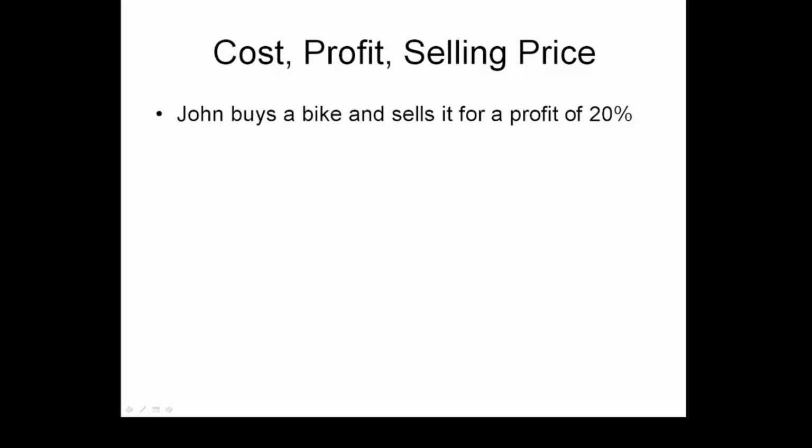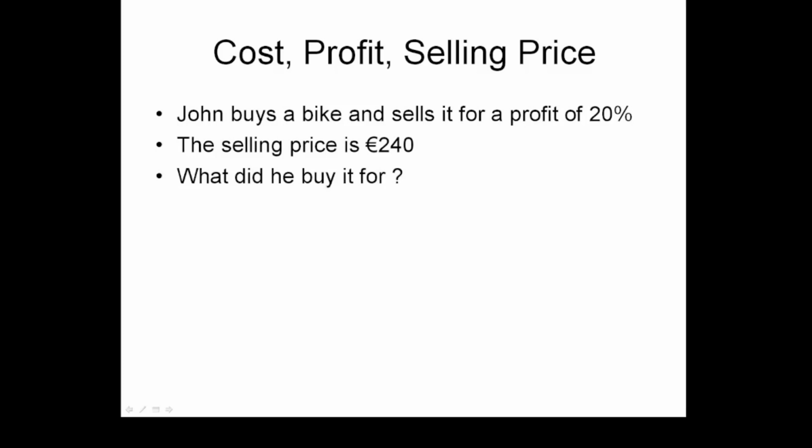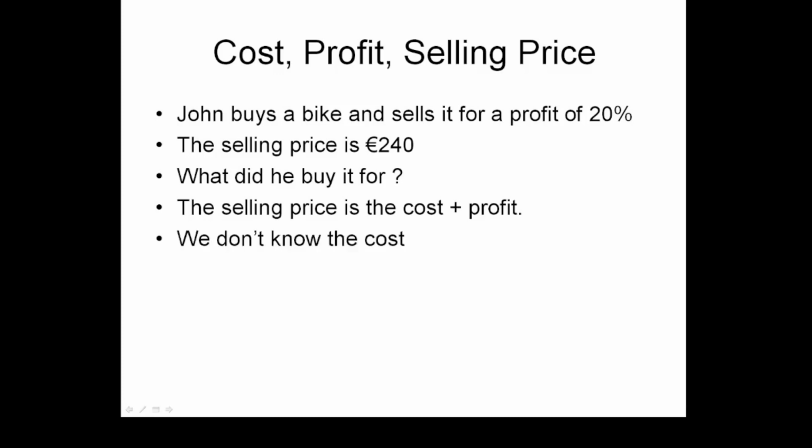Another question. John buys a bike and sells it for a profit of 20%, and I'm told that the selling price is €240. And I'm asking, what did he buy it for? Well, again, we try and remember, what is it a profit of? It's a profit of 20% on the cost price of the bike. So what's the selling price? The selling price is the cost plus the profit. We don't know the cost, so we can say that the selling price is the cost plus the profit.